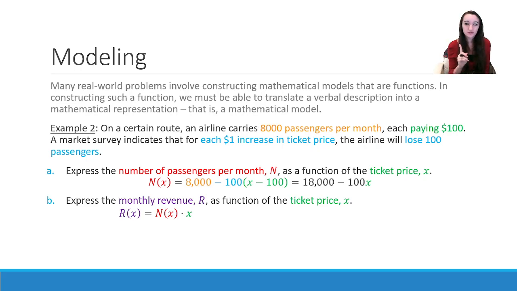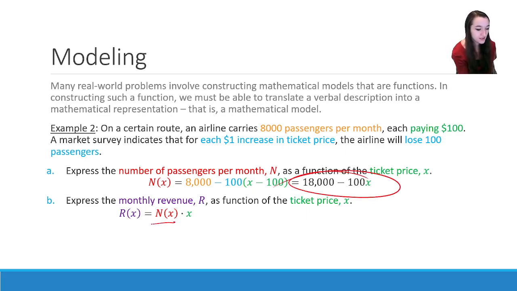Don't get confused here and write n of x squared. Remember that function notation doesn't work that way. N of x is all one quantity of a thing. You can't break that apart and bring that x in to make it x squared or anything like that. It does not work that way. So n of x times x. And then we know n of x is written right here.